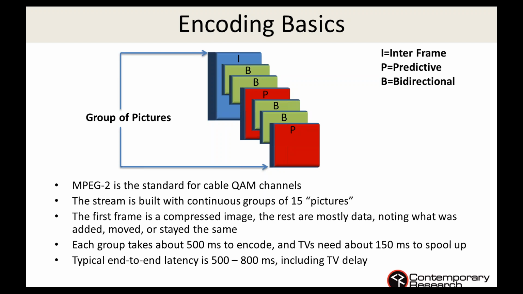And that's where we come up with 500 to 800 milliseconds, because the TV also adds a bit of delay to that. So it'll never be zero, because you have to encode it live and decode it live. So I think in today's technology, about 500 to 800 is where most of it lies, though you'll find some products that aren't thinking about integration, so those numbers can climb up to 1 to 1.5 seconds of delay.